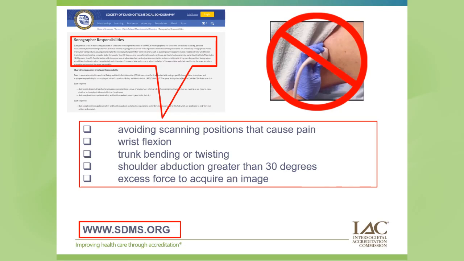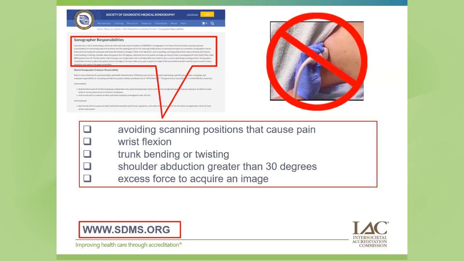As you see in this example here, that wrist flexion, ensuring that we keep that neutral wrist, trunk bending or twisting. Are you able to have a mobile chair to scoot back, and if you're having to move down the exam bed for part of your exam, instead of twisting and turning to do that part, is your machine able to move with you?